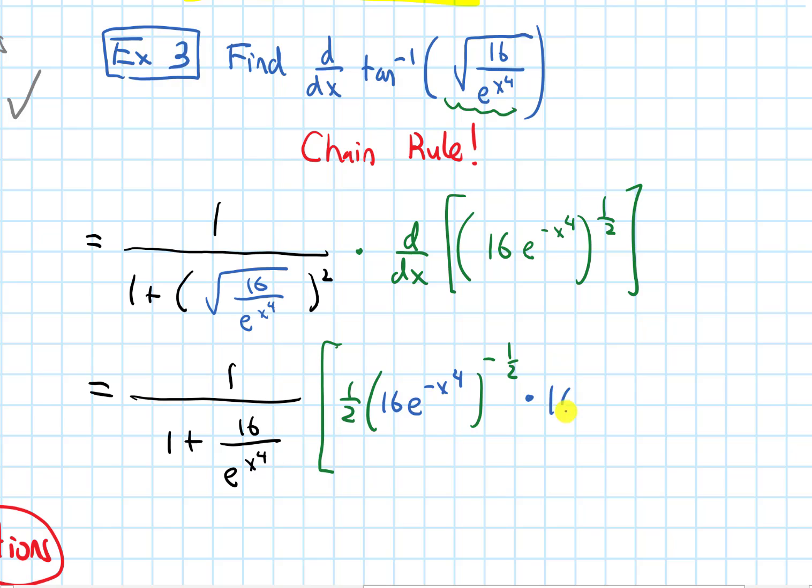I'll still have 16, and then times the derivative of this e term, which itself requires chain rule again. So e to the stuff: the derivative of e to the stuff is e to the stuff, e to the negative x to the 4. But then I have to multiply that by the derivative of the stuff, the derivative of this exponent, which is negative 4x cubed. And let's close that. And there we have it. That is our derivative.